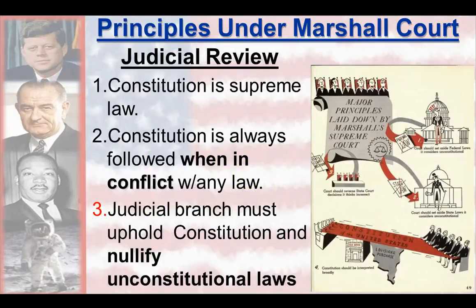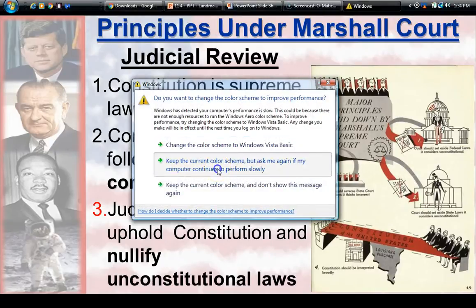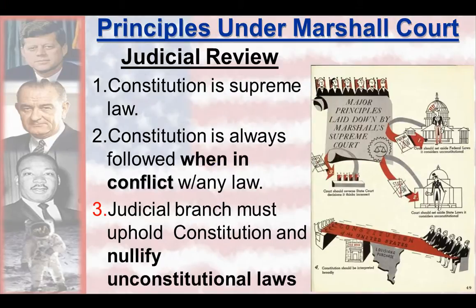And there are some certain principles we have to know under the Marshall Court. That is Chief Justice John Marshall, who significantly established the concept of judicial review in a court case. And in a previous court case, the Constitution was emphasized as being the supreme law of the land.